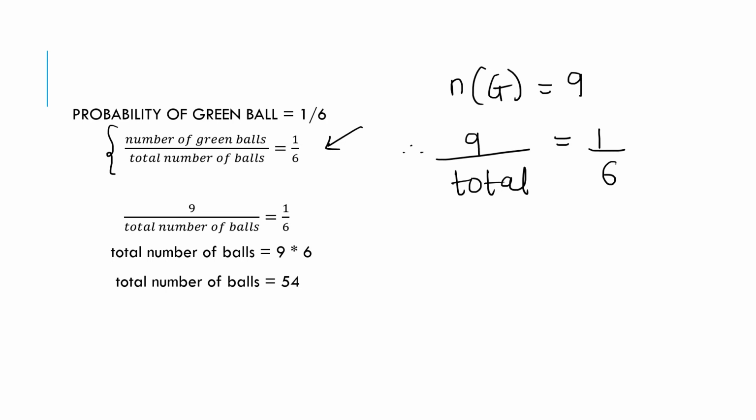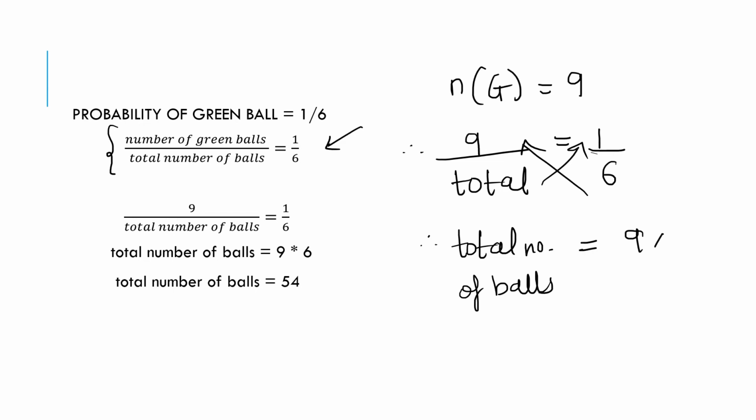By solving this, we can get the total number of balls. Do the cross multiplication here. So this would be equal to 9 into 6, that is 54, which means the total number of red, green and white balls together in the bag is equal to 54.